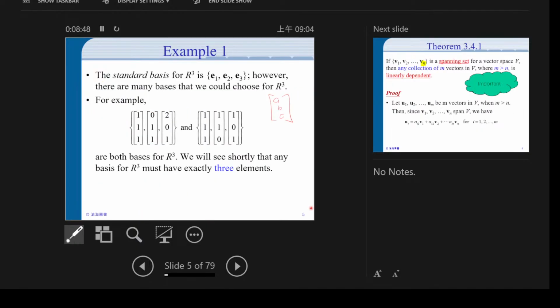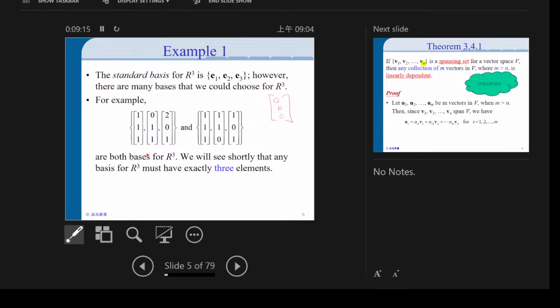Let's see a quick example. If our vector space is R3, then the easiest possible basis is the standard basis, just the set of standard vectors E1, E2, E3: the vectors (1, 0, 0), (0, 1, 0), and (0, 0, 1). And there are other bases, for example, those two are also bases.